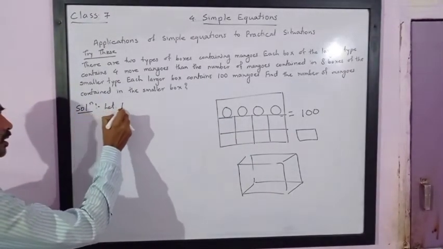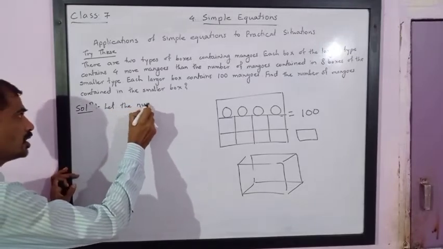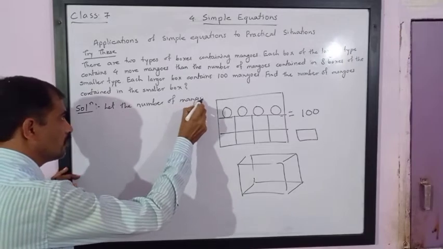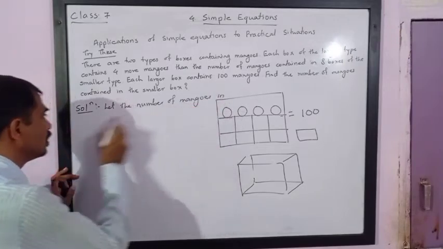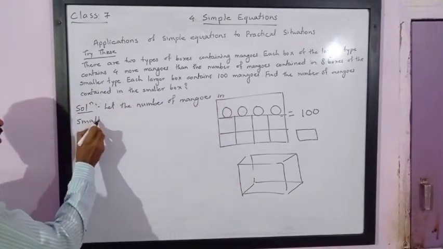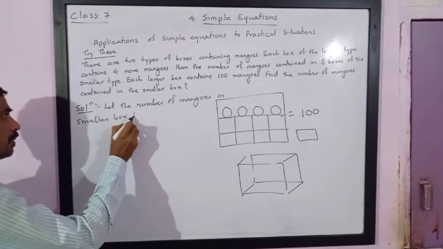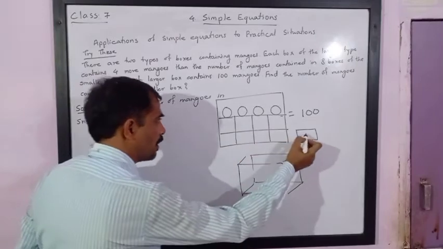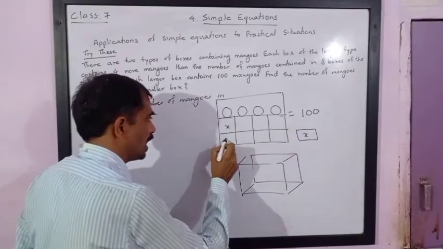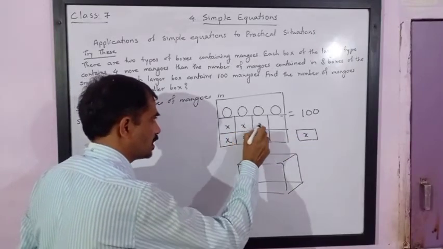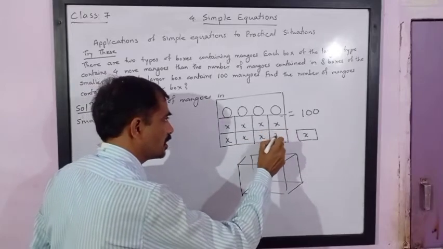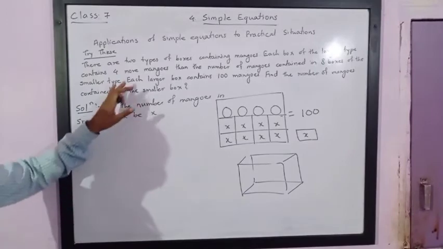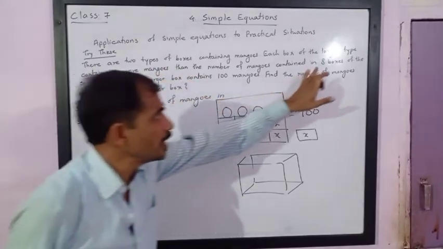Let the number of mangoes in a smaller box be x. So I have taken that each smaller box contains x mangoes. Now there are 8 boxes.